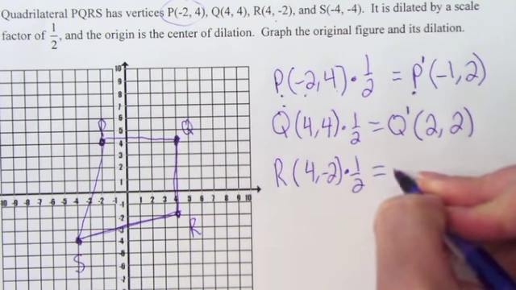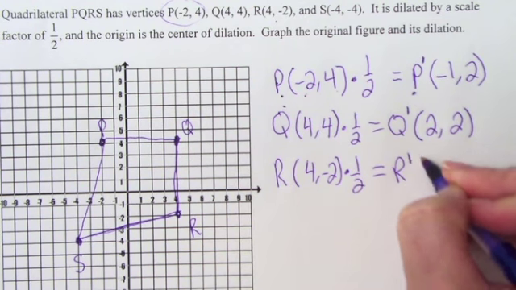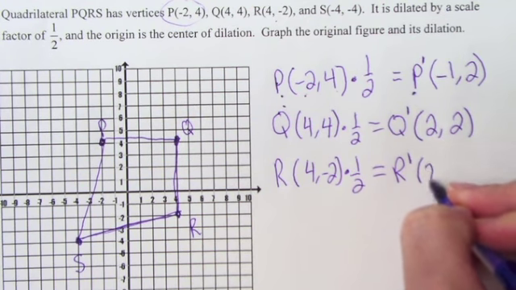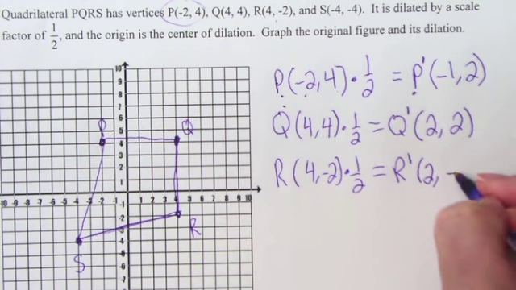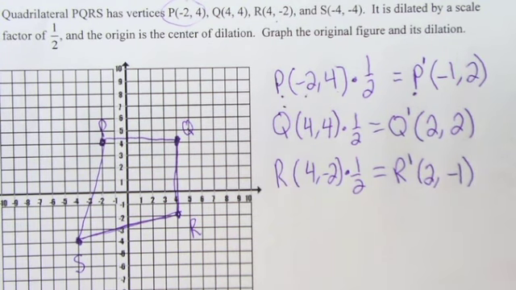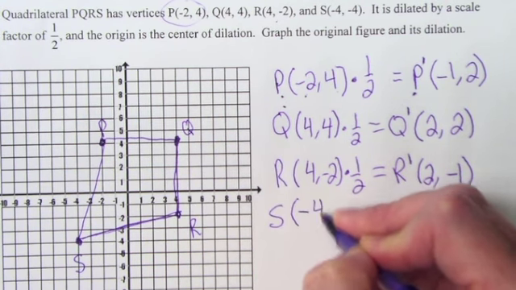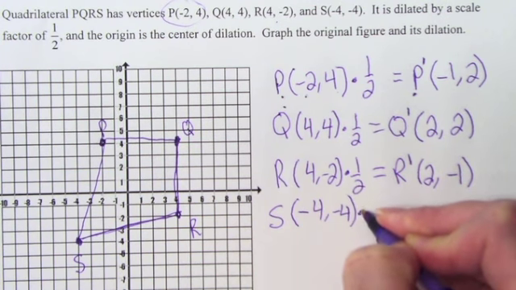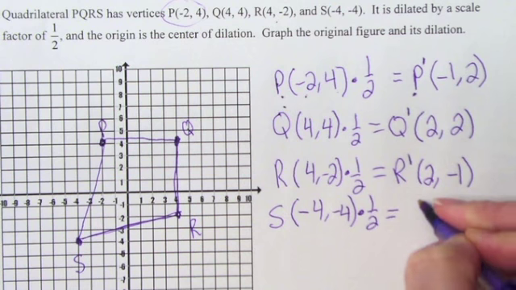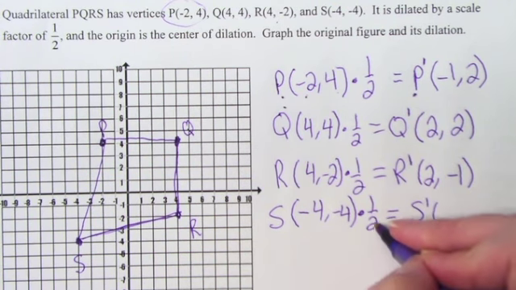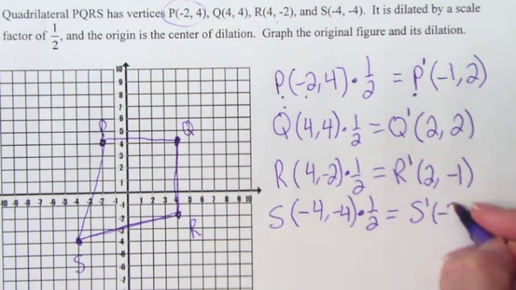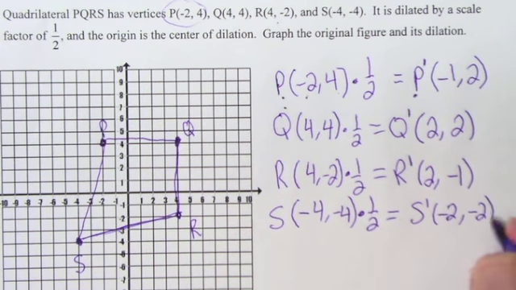Our new point is 1/2 of 4, which is 2, and 1/2 of -2 is -1. All right? Then we got one more point to do. We want to multiply the point -4, -4 by 1/2. So our new point, S prime, we end up with 1/2 of -4 is -2. So we get -2, -2 on that one.